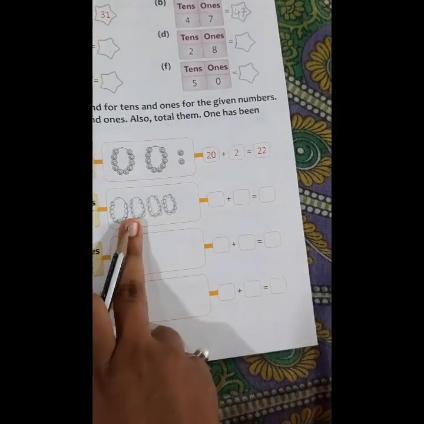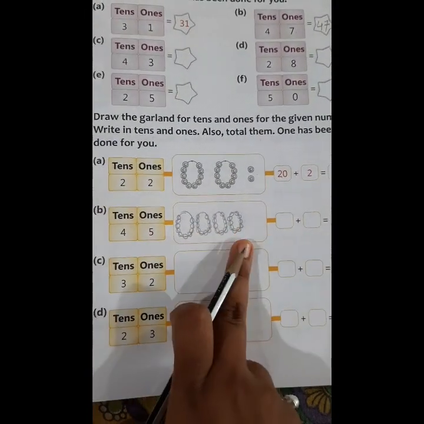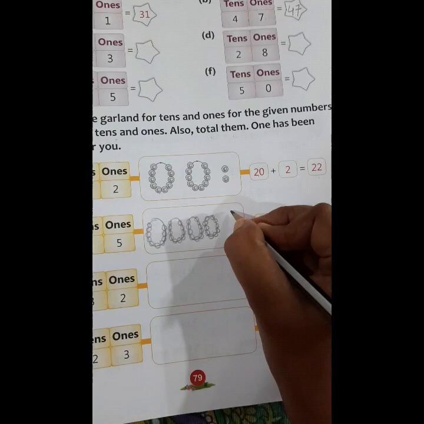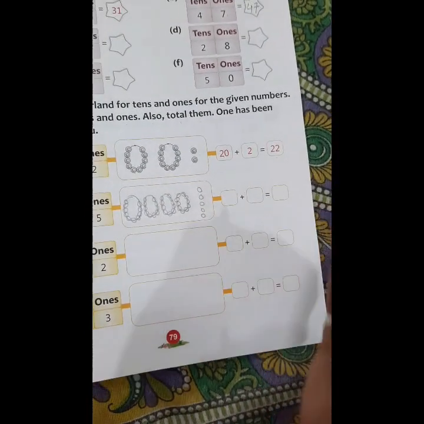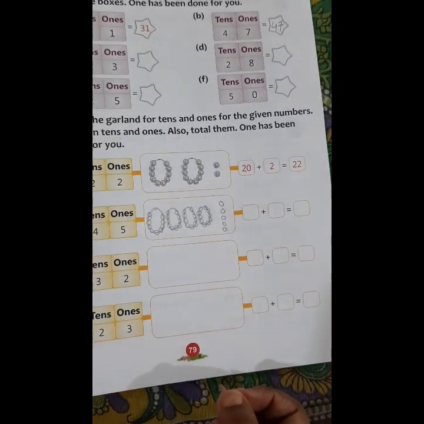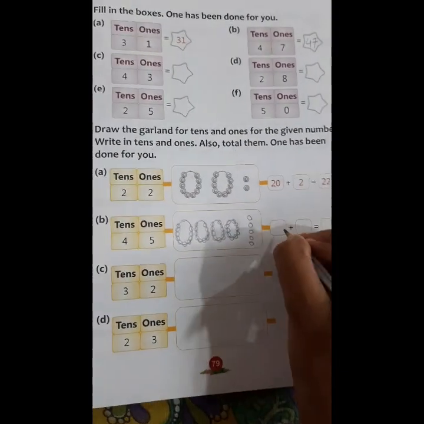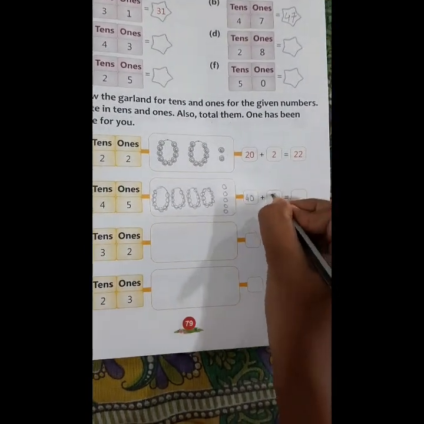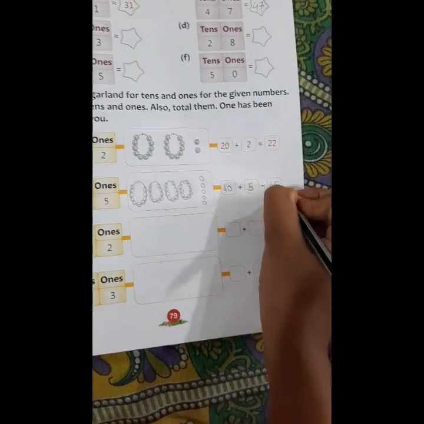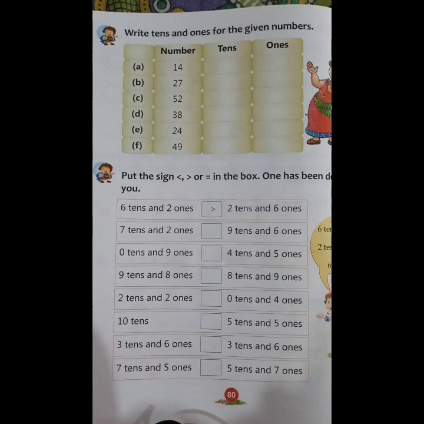So I have drawn the 4 tens, 4 garlands. Now the remaining 5 ones. 1, 2, 3, 4, 5. So what will it be? 4 tens means 40. 5 ones means 5. So it will be 45. Okay. The C and D you have to complete as homework.